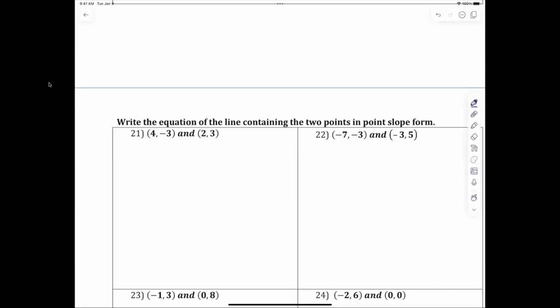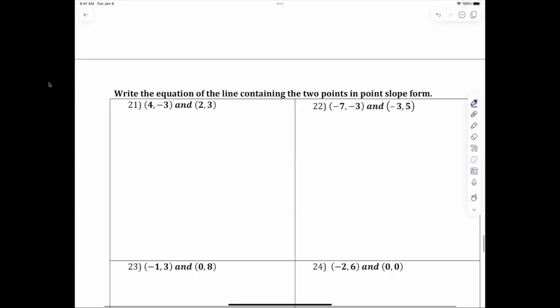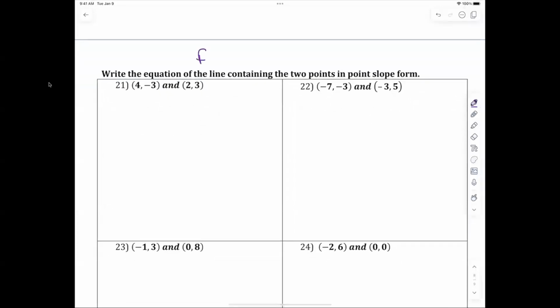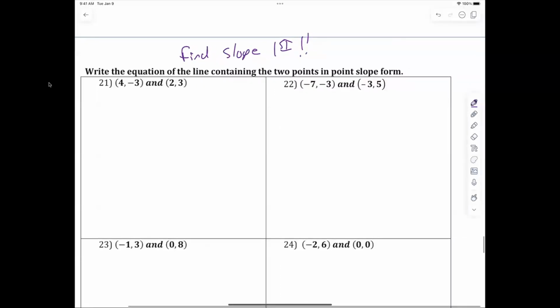So we have a problem. The other ones are super easy because they give us everything we need. Now these, they don't. So you have to calculate M. Everybody needs to put up here. You have to find slope first. All right, now we all remember the slope formula.